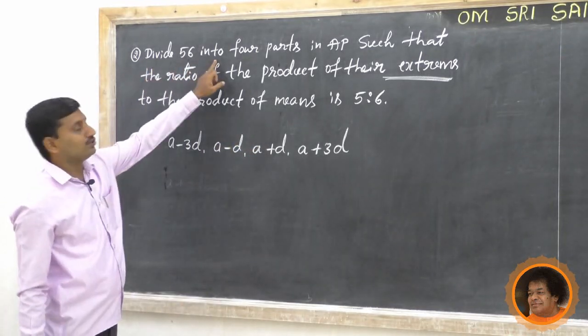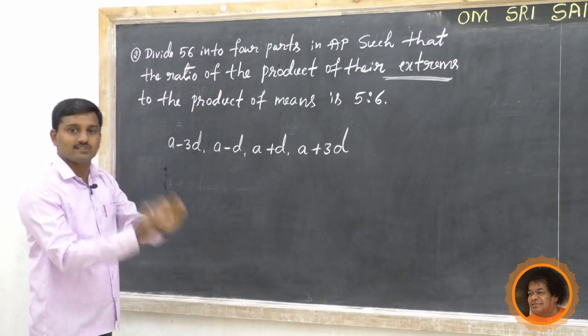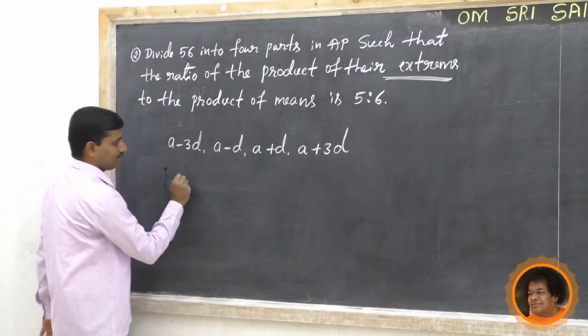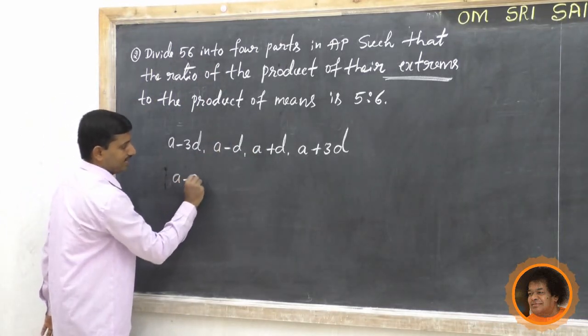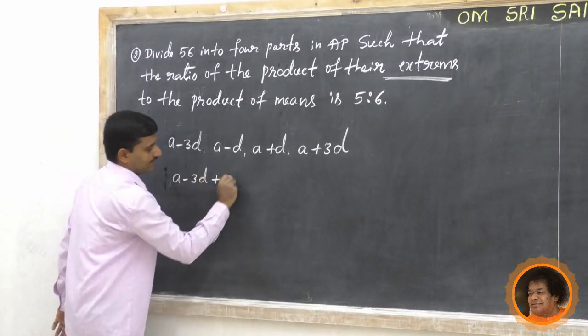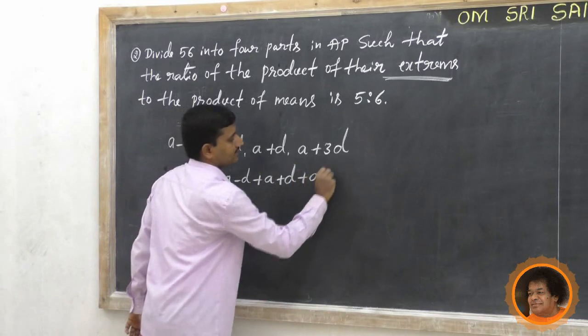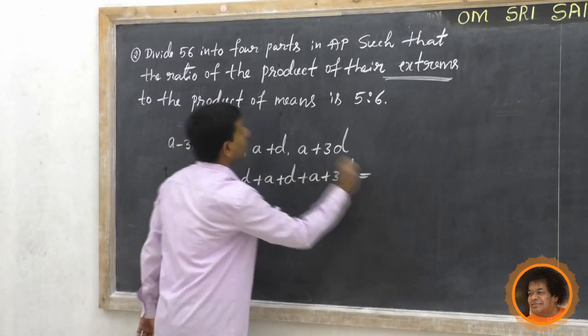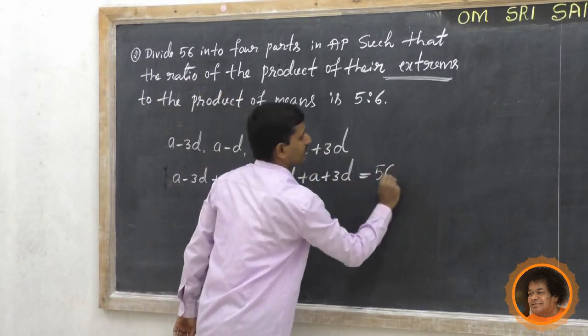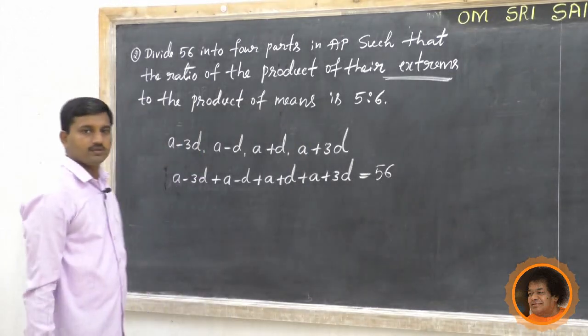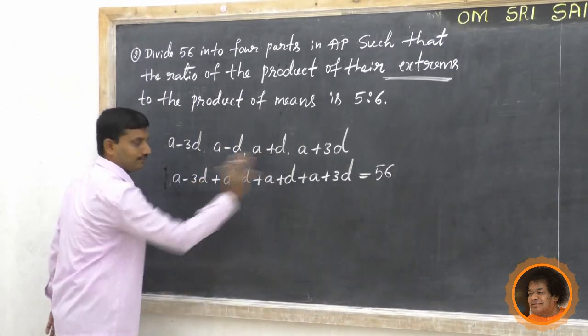Divide 56 into the 4 parts. 56, that is the sum. So the sum of the 4 terms, a minus 3d plus a minus d plus a plus d plus a plus 3d, equal to 56, that is given. 4 parts means their sum.